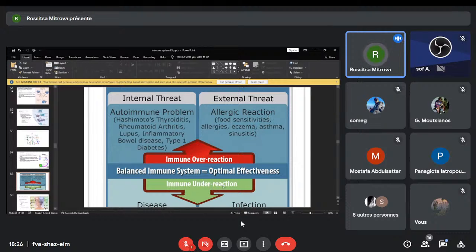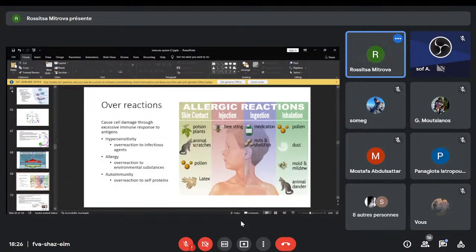The underreactions are infection and disease. The overreactions cause cell damage through excessive immune response to antigens. This is hypersensitivity: overreaction to infectious agents, or allergy, overreaction to environmental substances, and autoimmunity, overreaction to self-proteins.